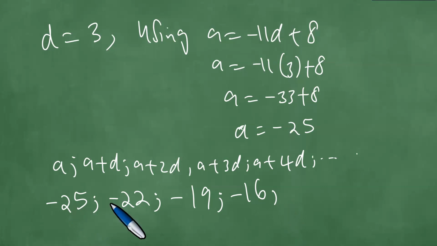Subtract 3, subtract 3, and you get minus 13 for the fifth term, because 4 times 3 is 12. What is minus 25 plus 12? Minus 13. So that is the answer.